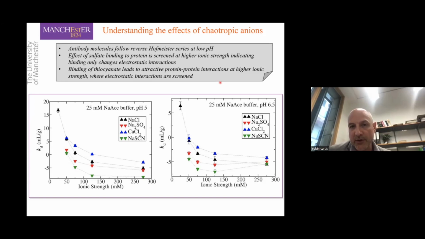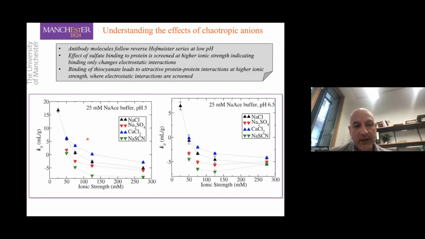There have been a few articles where they claim that you get the preferential adsorption, and that has the effect of lowering the effective charge on the protein, or it could also reduce the screening length. And so we wanted to look at whether or not we could explain this chaotropic anion effect strictly in terms of screening of double layer forces or changing the effective charge on the protein.